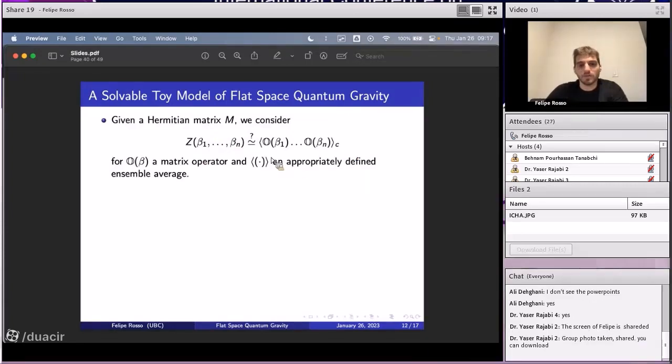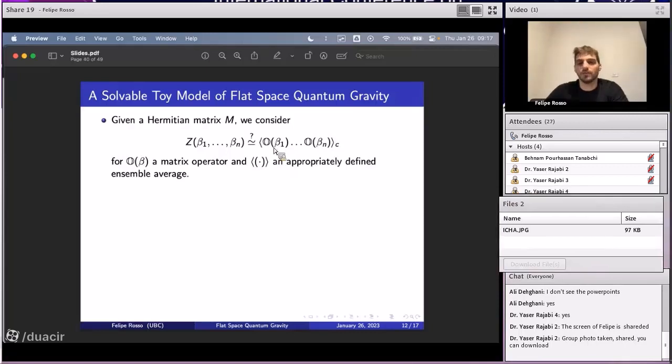So the question is whether we can find an appropriately defined ensemble average and an operator O such that this equality holds to all orders in perturbation theory.